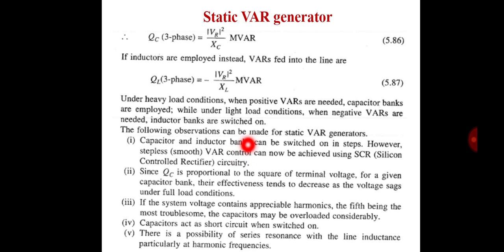So stepless, meaning smooth, VAR control can be achieved using silicon controlled rectifiers. Since QC is proportional to the square of the terminal voltage, as we see from this equation, QC is proportional to the square of the terminal voltage.